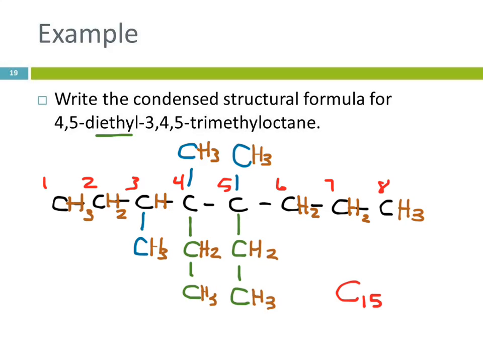And to get the number of hydrogens, you can either add up all the hydrogens in there, or do you remember what the general formula for an alkane is? 2N plus 2. So N would be 15. 2N is 30 plus 2, so there'd be 32 hydrogens.